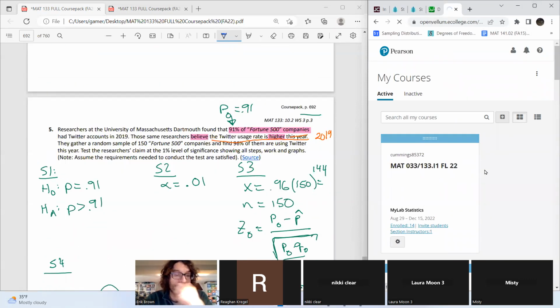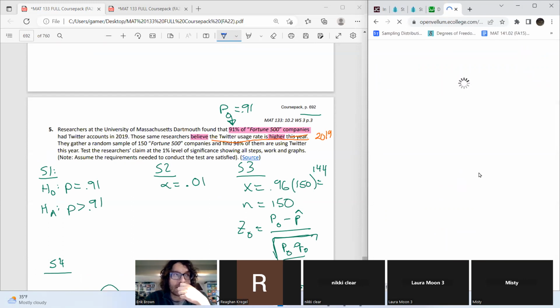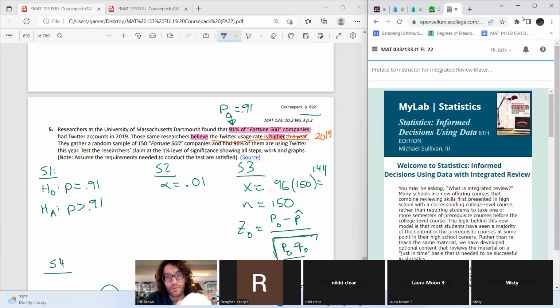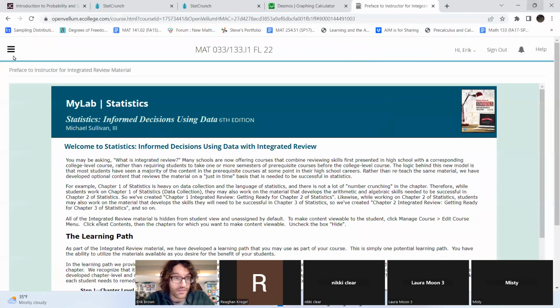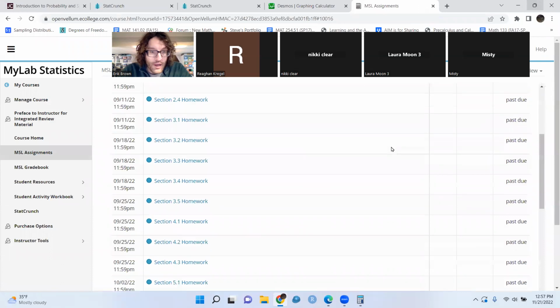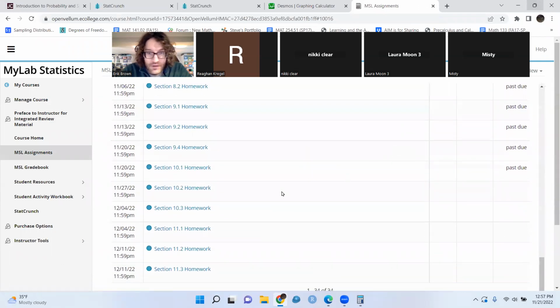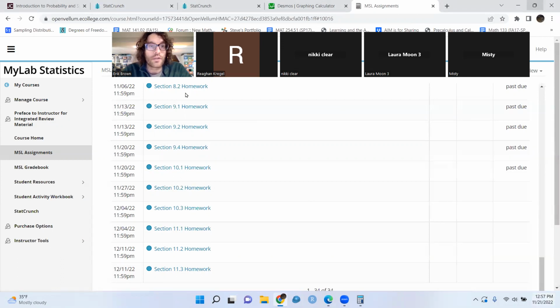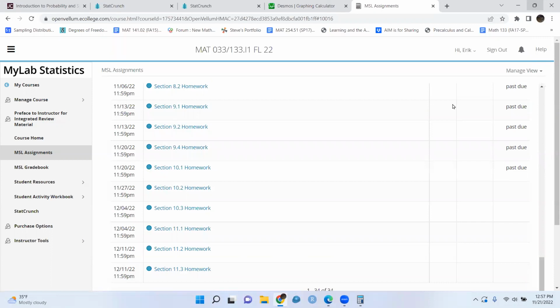Then on Monday after Thanksgiving break, we'll go through the worksheets to practice. We don't really expect you to do anything over break, but 10-2 is assigned for the 27th. So your goal, hopefully, is to have 10-2 squared away before Thanksgiving break begins.